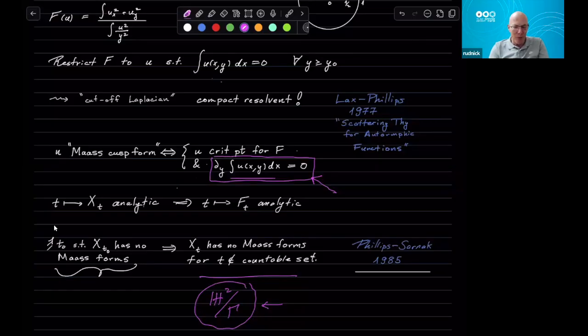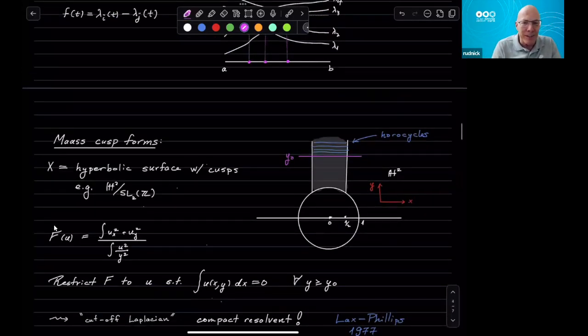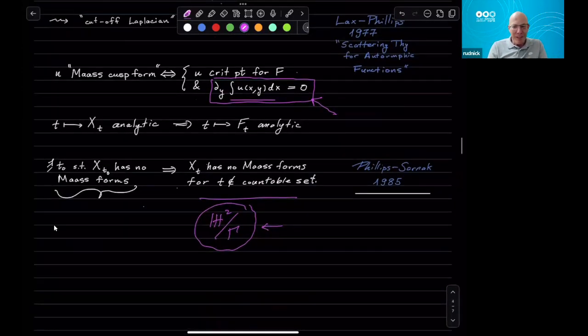You probably have to exclude symmetry, if there's a reflection, like for SL2Z, then the odd ones are automatically cuspidal. But once you formulate it sufficiently carefully, that's the conjecture, and I believe nothing is known about it.